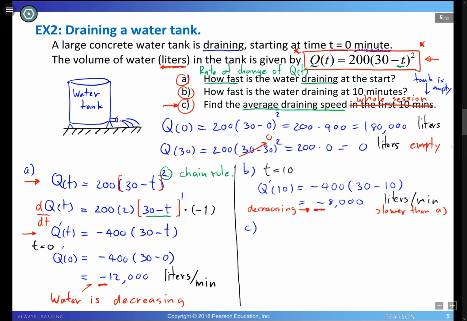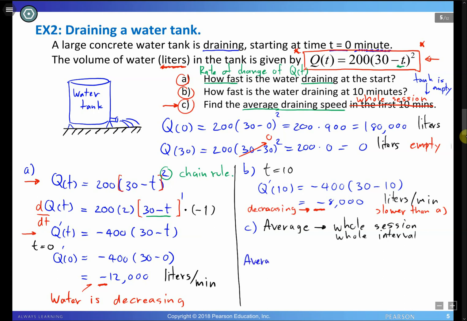When you see this word, it refers to the whole session, the whole interval. So let's make a note: average means whole session, or whole interval, the total time.